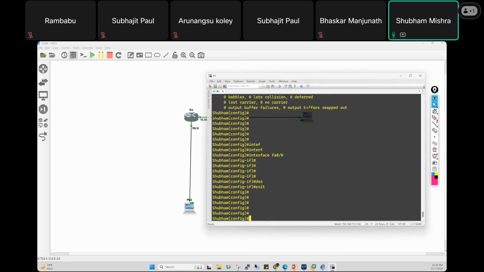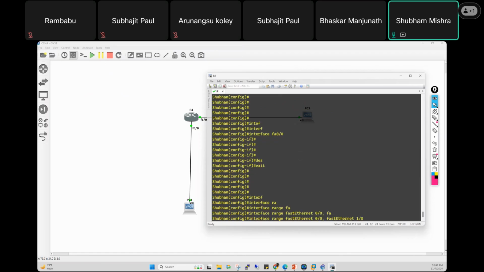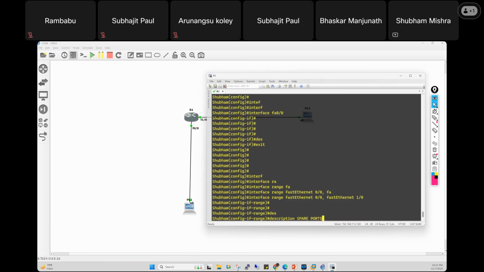So, is there any way I can write the description at the same time on both interfaces? Yes, we can. There is no need to go one by one on both interfaces. See here: interface range fast Ethernet 0/0, comma fast Ethernet 1/0, and I am writing description spare ports not in use.